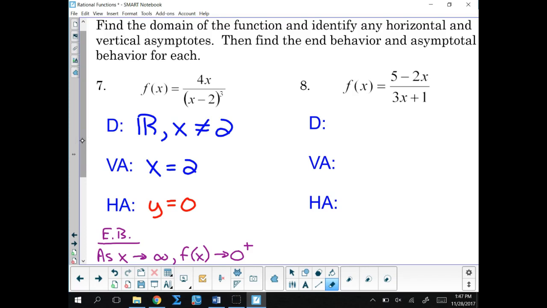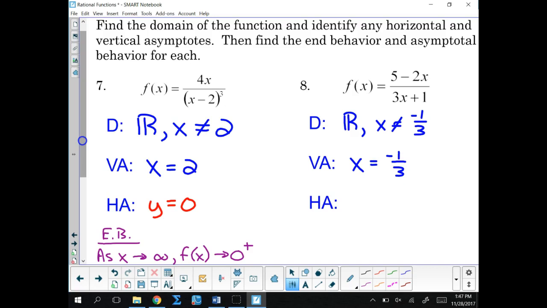All right? So, domain over here. Nope. Negative 1/3. So that means my vertical asymptote is negative 1/3, right? Okay.